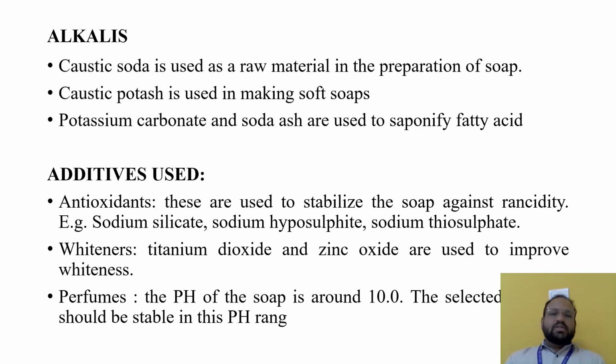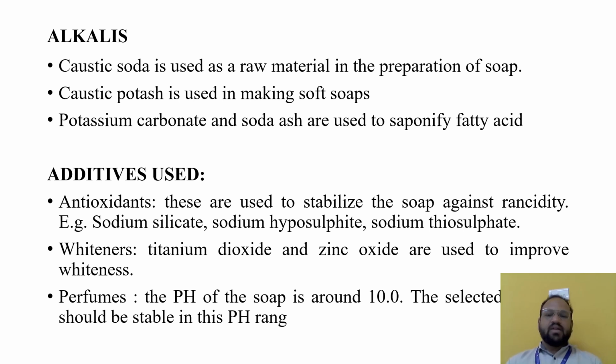Alkalis. Caustic soda is used as a raw material in the preparation of soap. Caustic potash is used in the making of soft soaps. Potassium carbonate and soda ash are used to saponify fatty acids. Additives used: antioxidants.